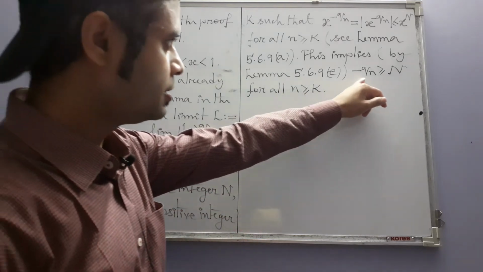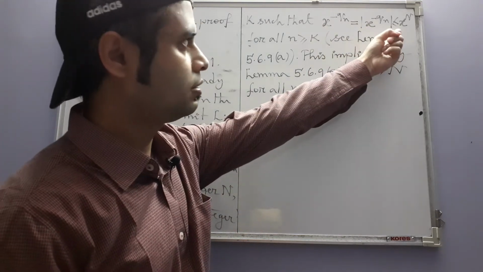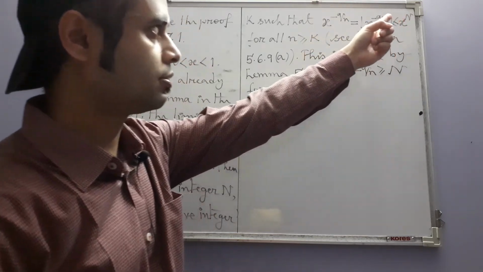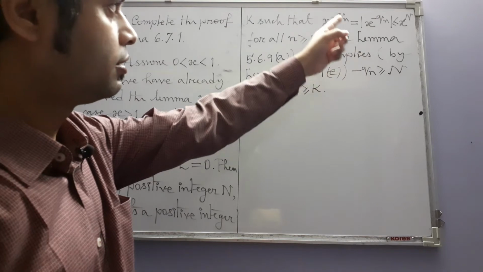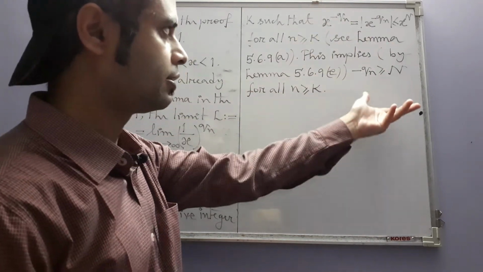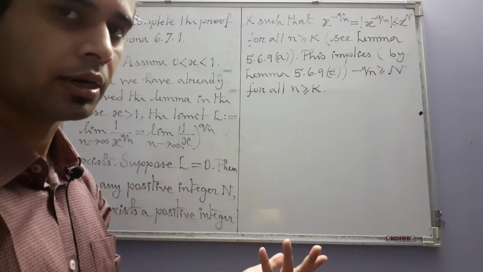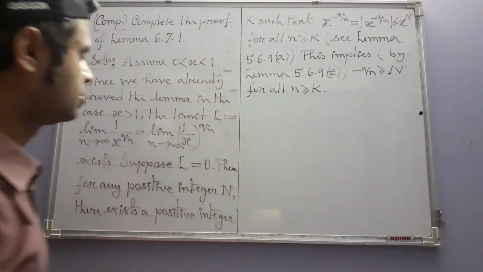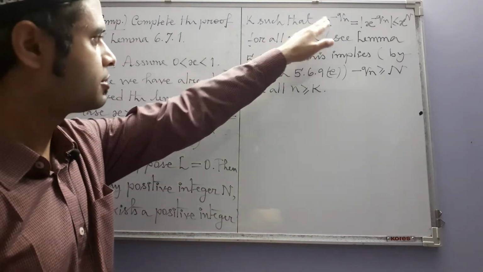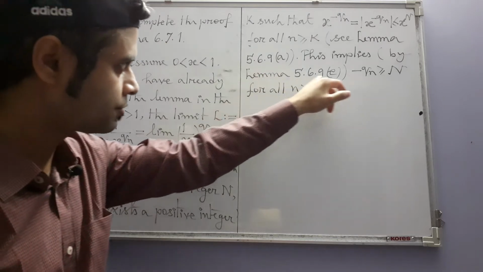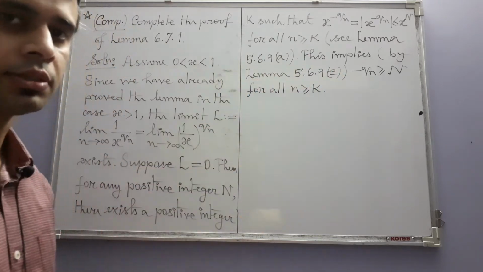That is, this thing is coming from this inequality. X to the power minus qn is less than or equal to x to the power capital N. That implies that this exponent is greater than or equal to capital N, the inequality gets reversed, and that is because our base x is less than 1, and this fact follows from this part E of lemma 569.